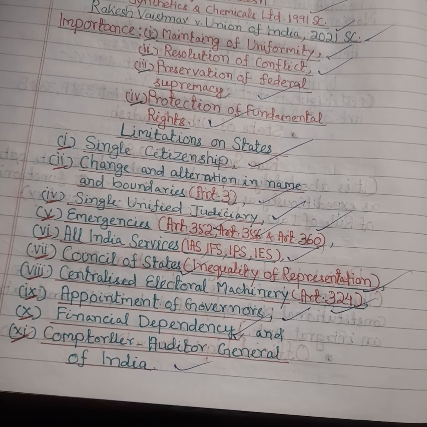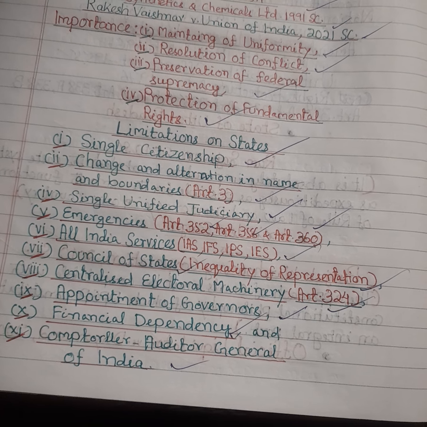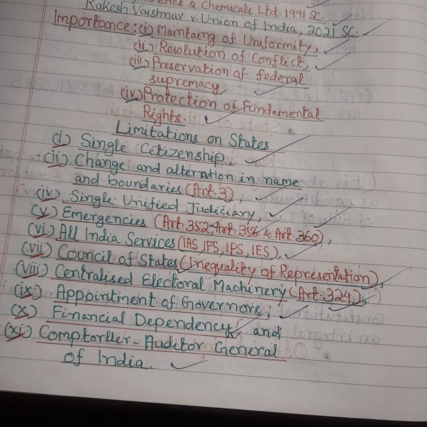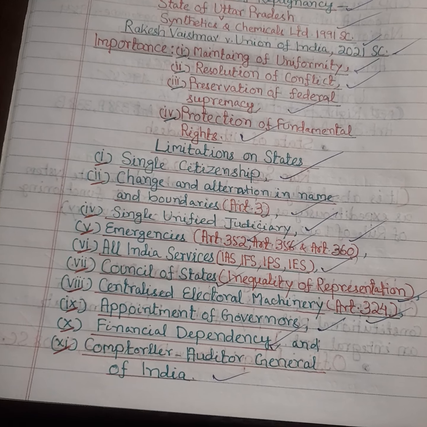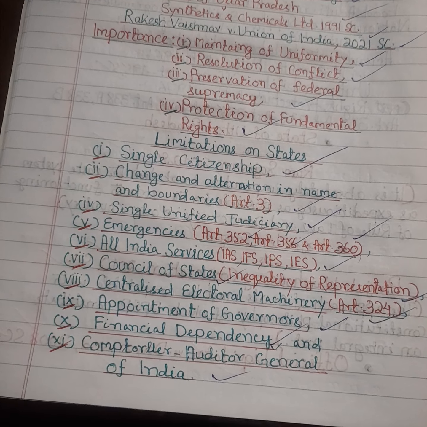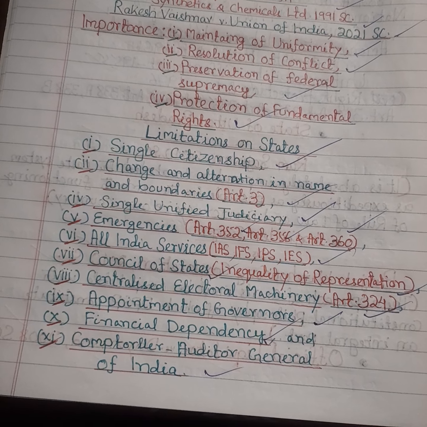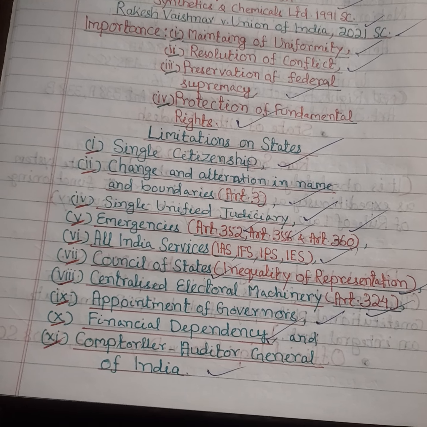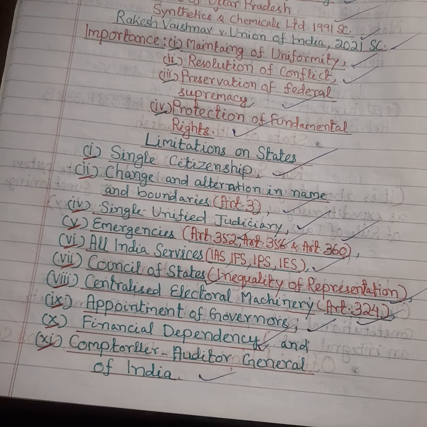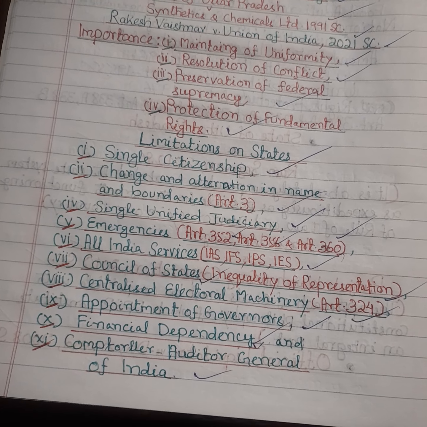Articles 245 to 255 of the Indian Constitution explain the legislative relations between the center and the state. These articles analyze the scope and extent of the legislative powers of the center as well as the state.